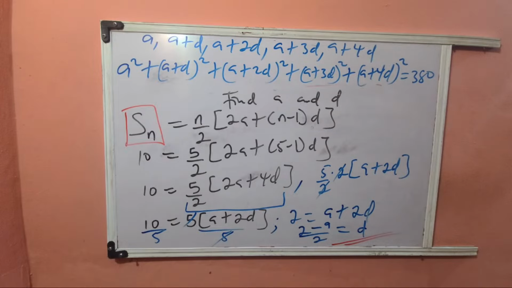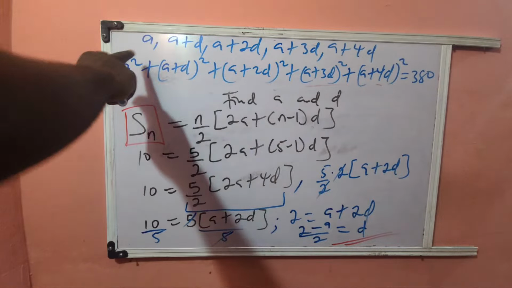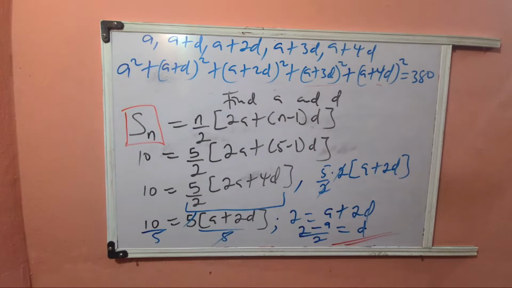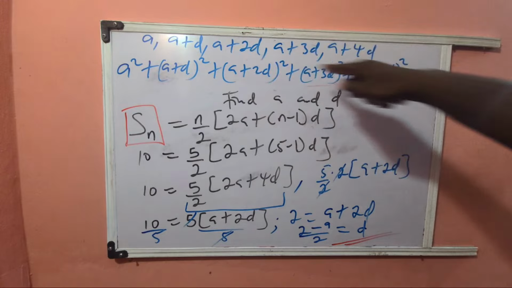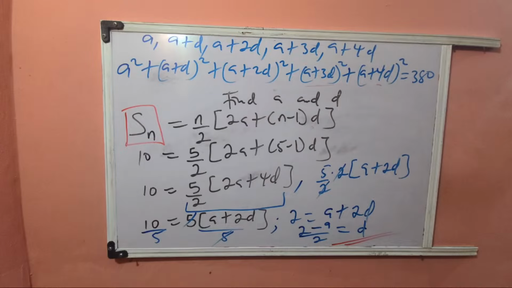This is what the word problem was saying: when you add all those squares, we get 380. This is nice. Don't forget we have an expression for d here: d is 2 minus a over 2.